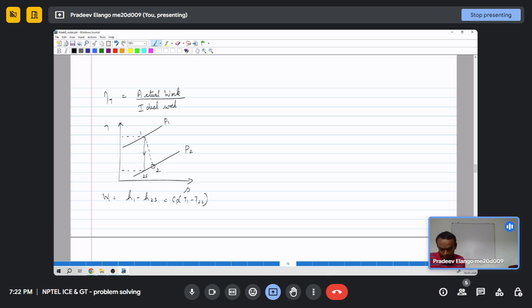This is ideal, but in actual I have only H1 minus H2, that is Cp into T1 minus T2. So here we can see T2 is greater than T2s. Since I generated entropy, the temperature couldn't drop as in T2s for the same pressure P2.